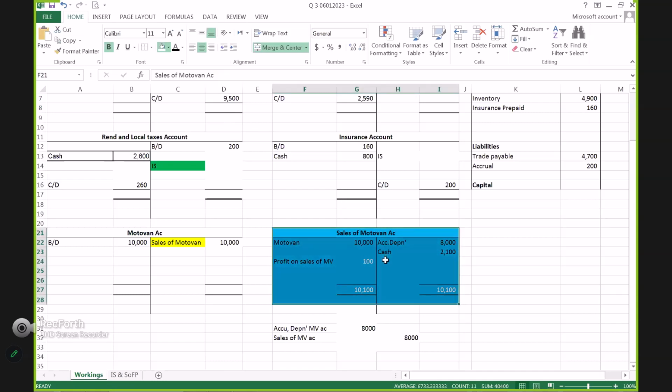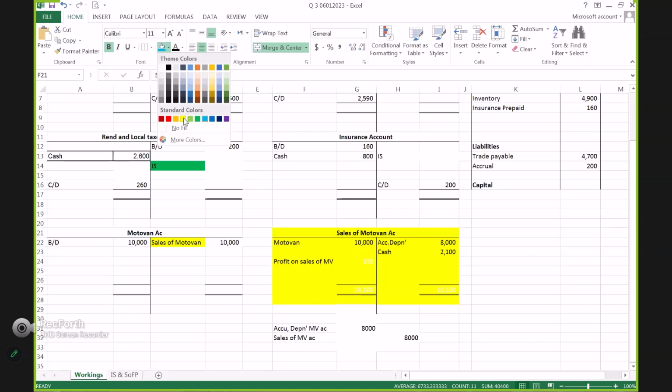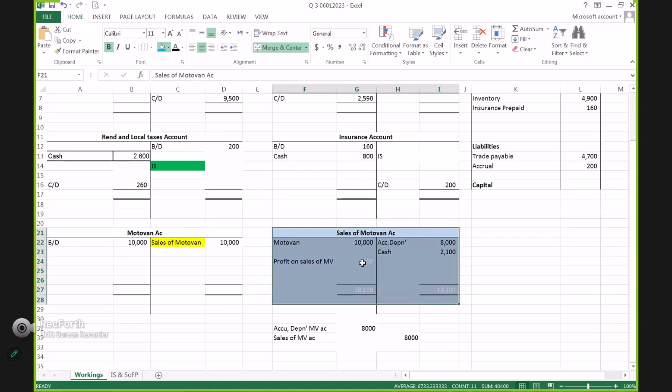When balancing, the credit side balance is 10,100. You have to find the profit on sale of the motor van. It is a debit balance.